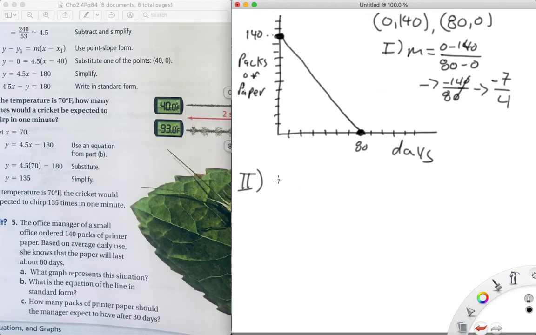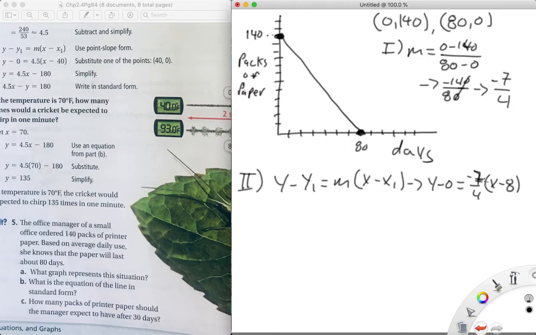So we'll have y minus y1 is equal to slope times x minus x1. And what we're going to do is substitute: y minus 0 is equal to negative 7/4 times x minus 80.